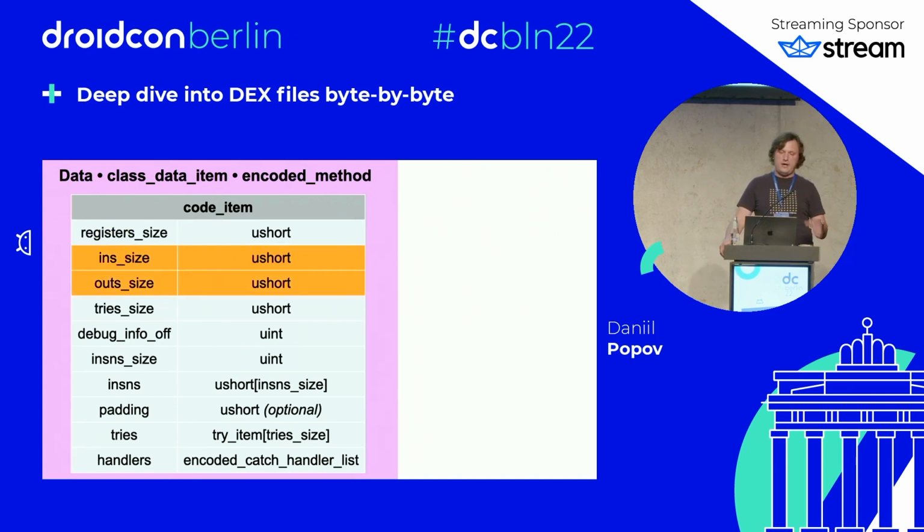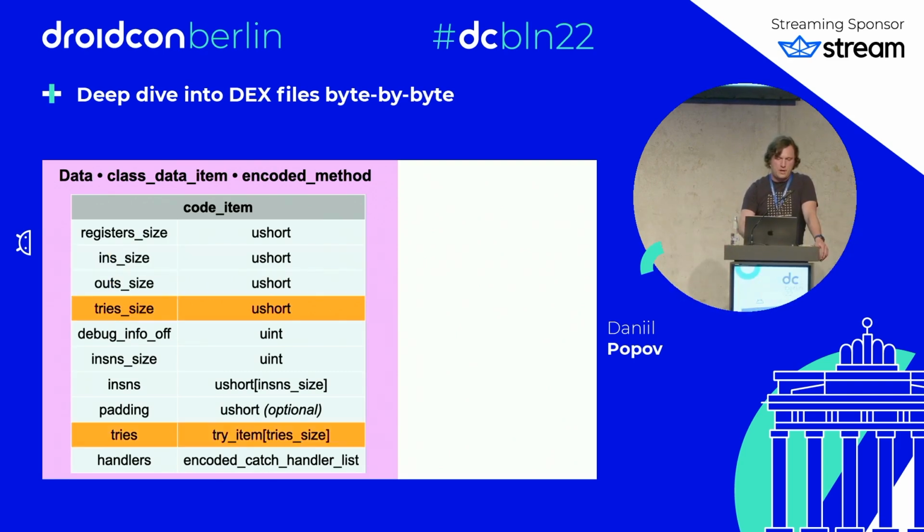Also, here we have the number of words of incoming arguments, and the number of words of outgoing argument space required by this code, and the word term stands for just a couple of bytes. Try item indicates where the code exceptions are caught and how to handle them. We are going to cover it a little bit more later, but what can I say at the moment?